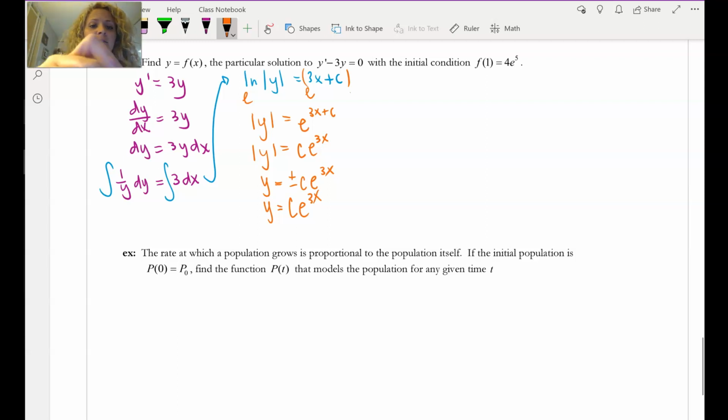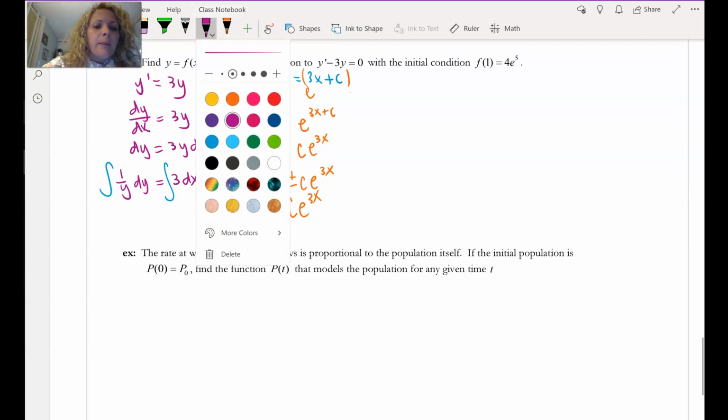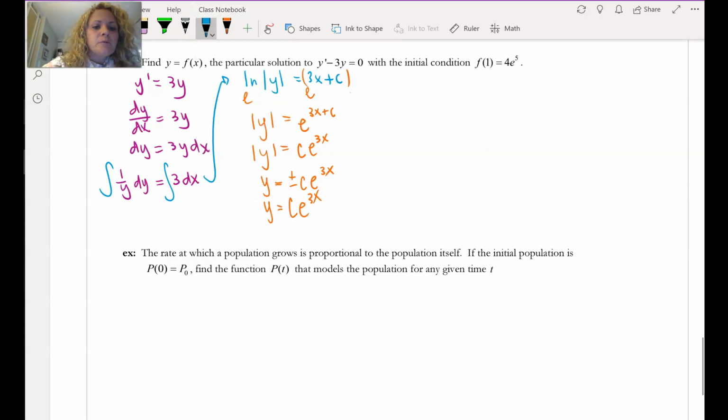So I'm going to substitute. I'm going to change colors to track my thought here. I'll try this color blue. I'm going to substitute 4e to the 5th in for y. 4e to the 5th equals c times e to the 3x, so e to the 3 times 1.